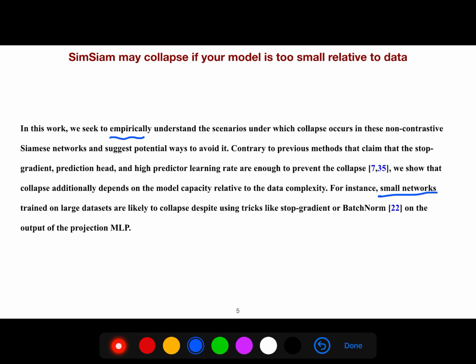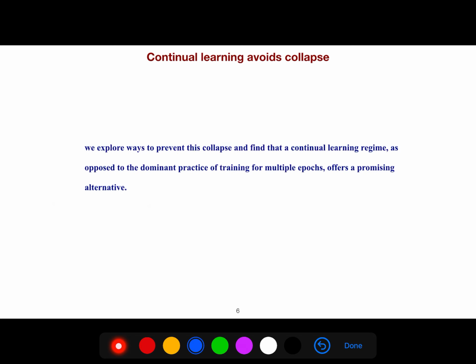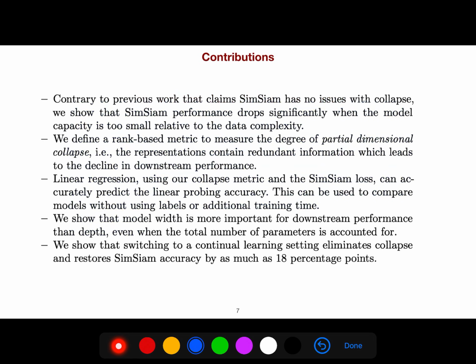For instance, small networks trained on large datasets are likely to collapse despite using tricks like stop gradient or batch norm on the output of the projection multi-layer perceptron. They explore ways to prevent this collapse and find that a continual learning regime, as opposed to the dominant practice of training for multiple epochs, is a promising alternative.